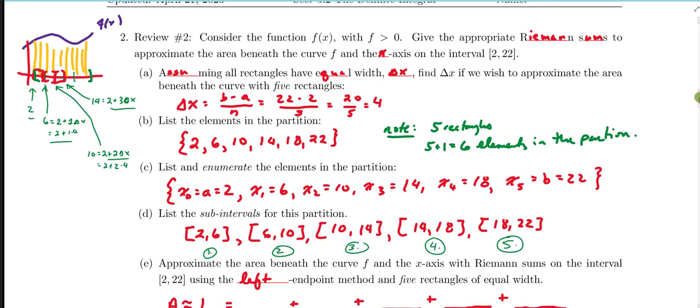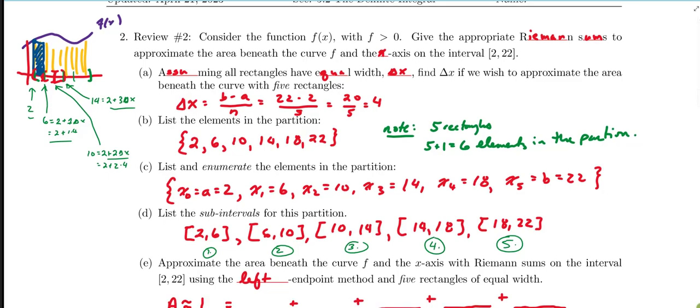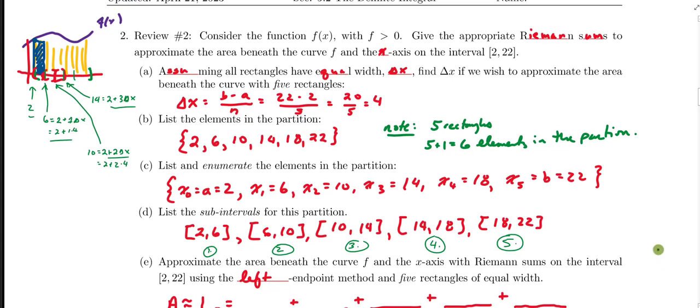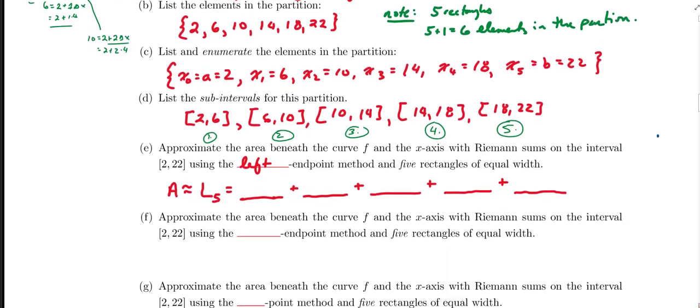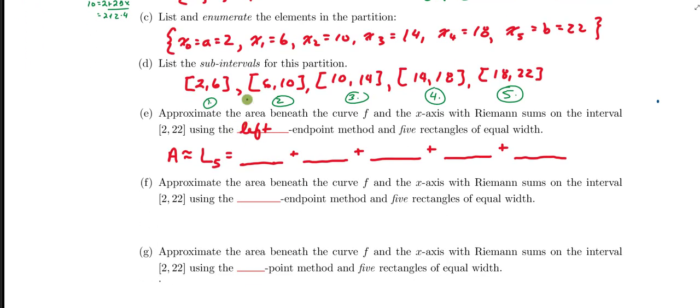As a reminder, our strategy is to do the left endpoint method here. So I'm going to go to where the left endpoint hits the curve, and that's where I'm going to construct that first rectangle and compute its area. Scrolling down, we're going to take the left endpoint of the first interval. I've got my subintervals right here, so the left endpoint is 2.